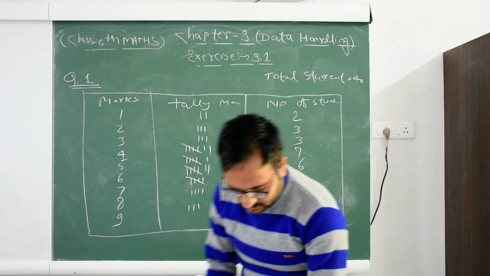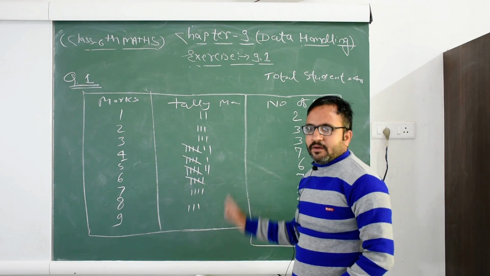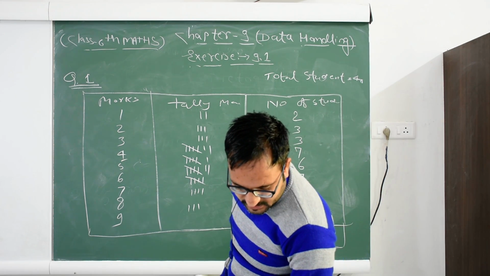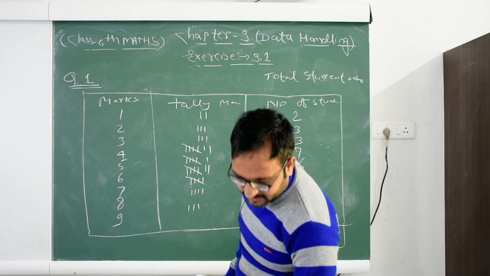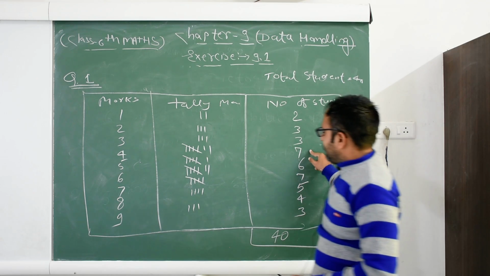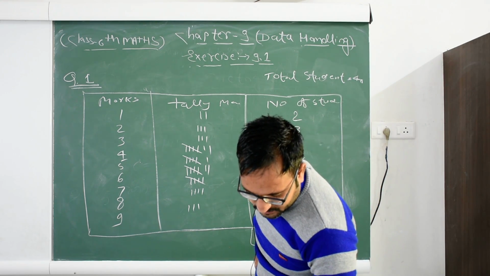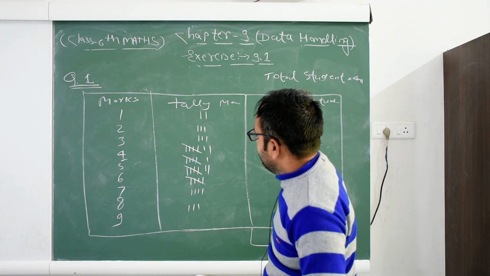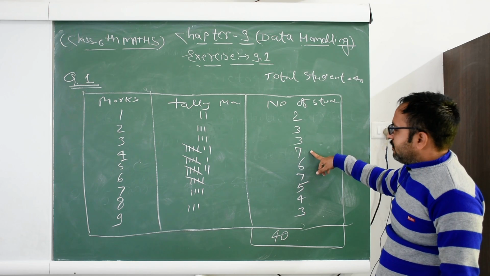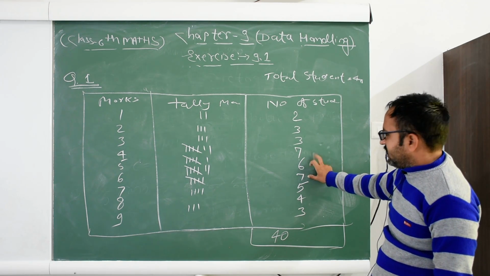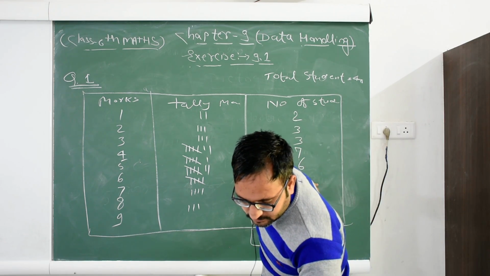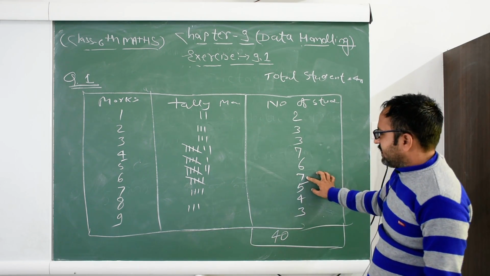Okay. So now as per this table we give an answer to a particular question. Now your first question: how many students obtain marks equal to or more than 7? Find how many students obtain marks equal to or more than 7.